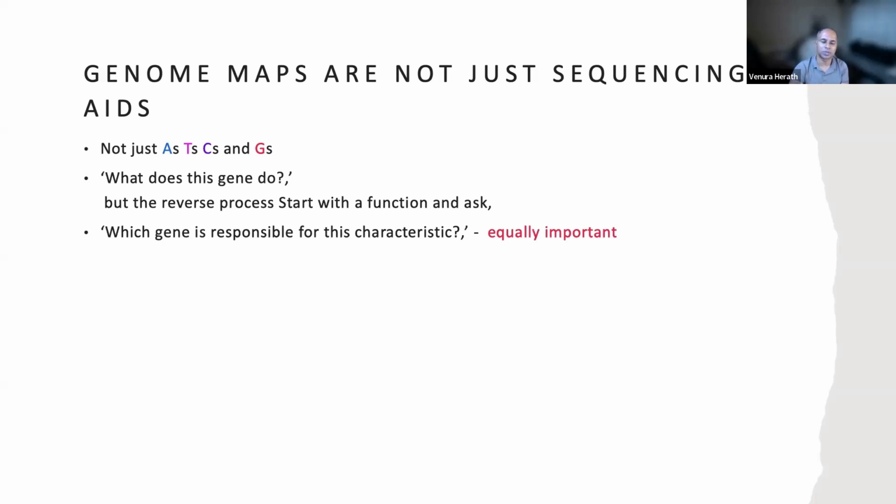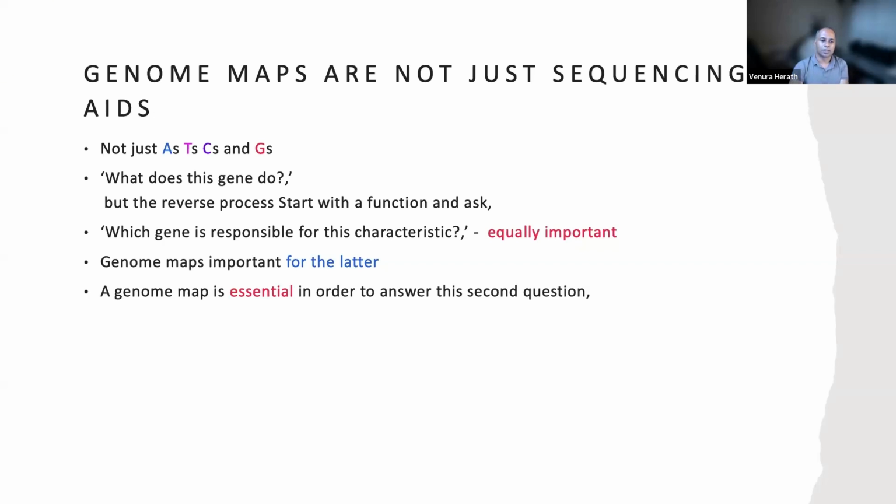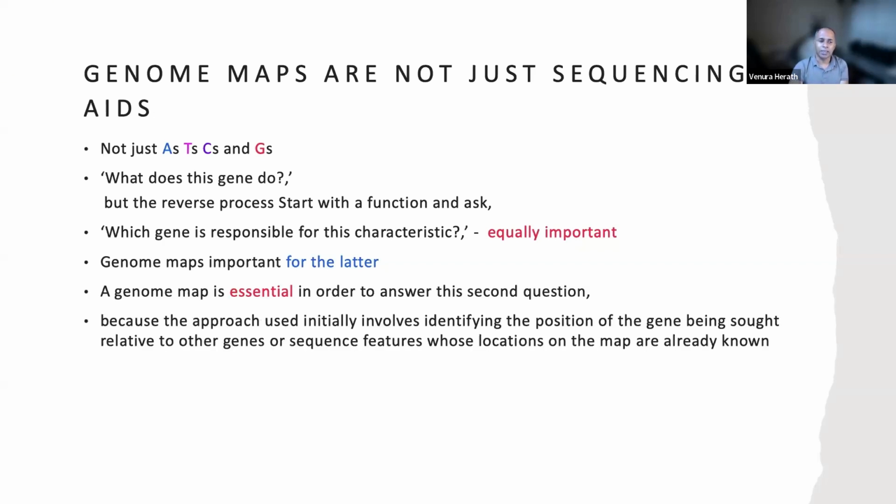Genome maps are especially important for the latter aspect: asking which gene is responsible for a specific phenotype, character, or trait.